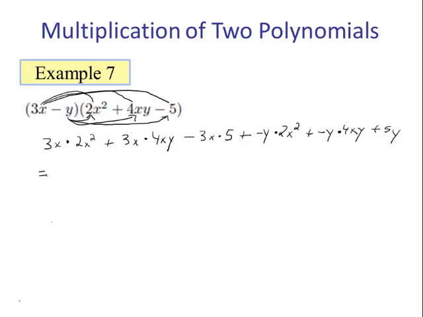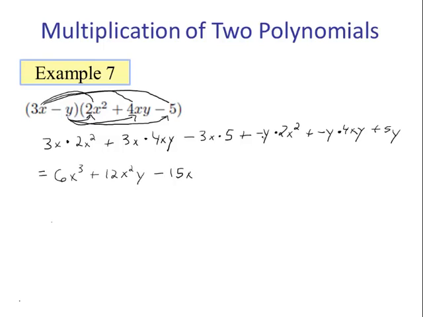So next we multiply. 3x times 2x squared would be 3 times 2 is 6. x times x squared is x to the third. Plus 12, x times x is x squared, times y. That's this term. The next term is negative 3x times 5, which is minus 15x.